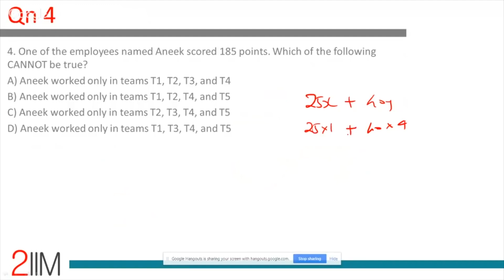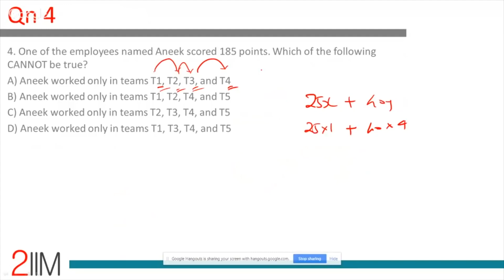Which of the following cannot be true? So let's go step by step. T1, T2, T3, T4. Is that possible? Quite possible. T1, he could have been a special employee. Special employees go month to month. He could have been in that transition. T4 to T5, when they're sending special employees to T5, he might not have been the special employee that goes out.